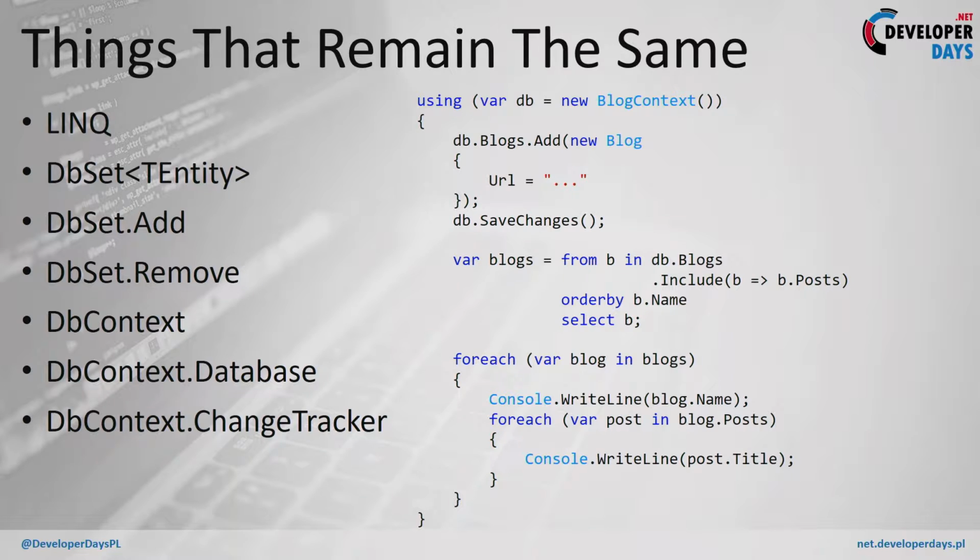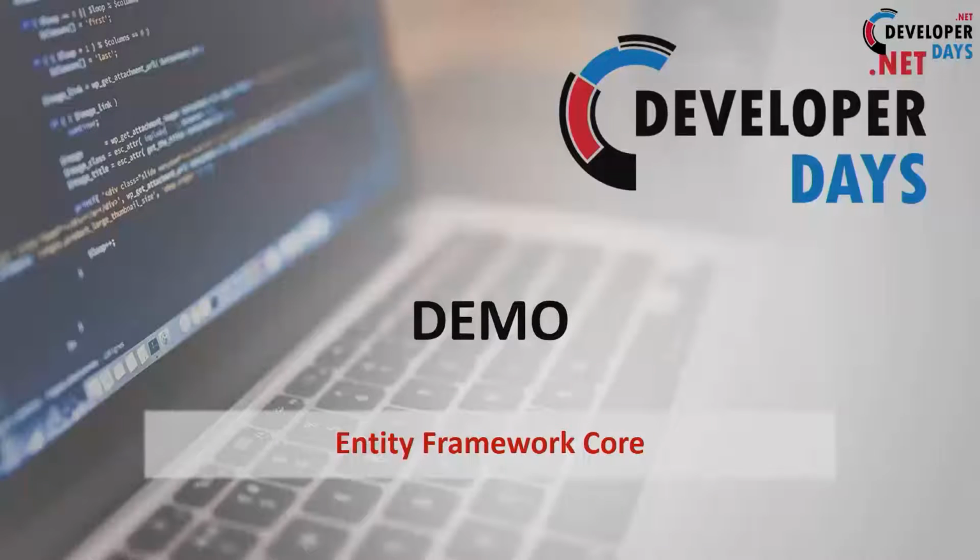And there will be no changes in this. The only change, if you are writing this type of code, will be on startup because the configuration of Entity Framework Core is different. But that's the only change. Most of the changes are inside, not in your application code. So that's kind of good news.